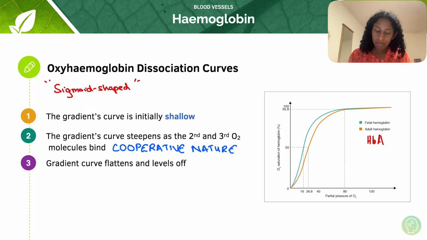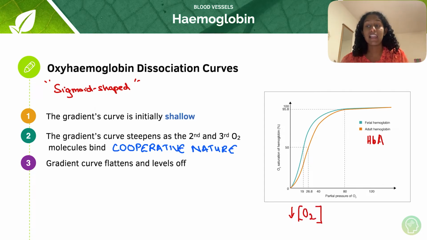Now, going back to points number 1 and number 3, our curve is initially shallow at low partial pressures of oxygen. So I'm going to write it as this actually: at low partial pressures of oxygen, for example, in our respiring tissues, our oxygen saturation of haemoglobin is lower.